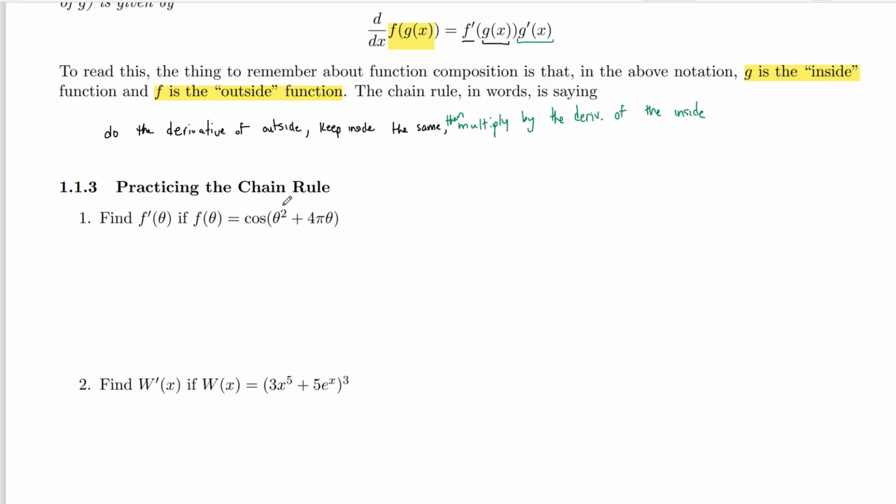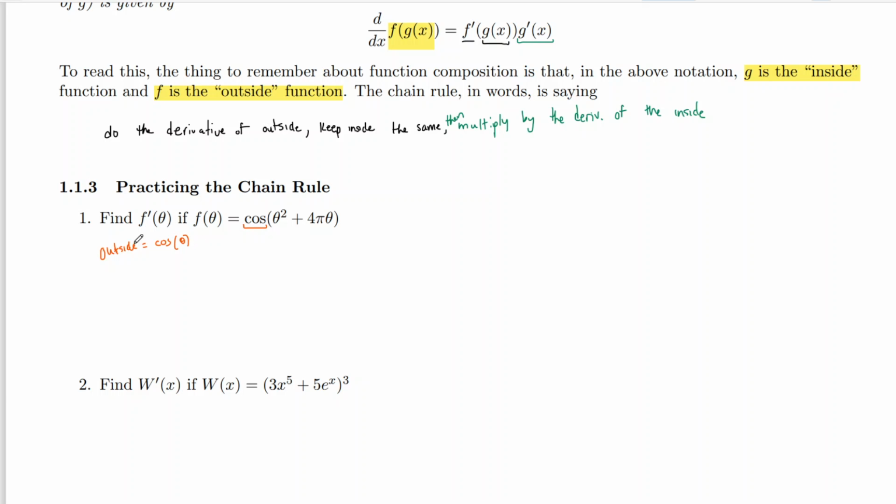Now, the most important thing is really to be able to locate the outside and the inside. And I think with trig functions, they might be the easiest ones because the trig function is very literally written on the outside. So cosine, the outside function, is cosine. Technically, it's cosine of theta, so you never really write a trig function without an angle.